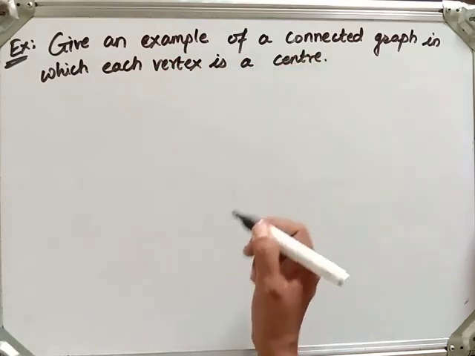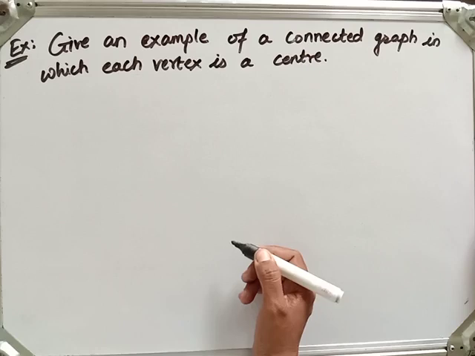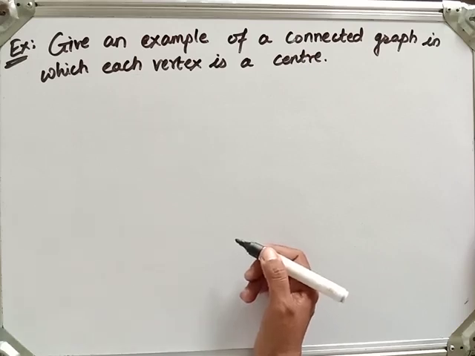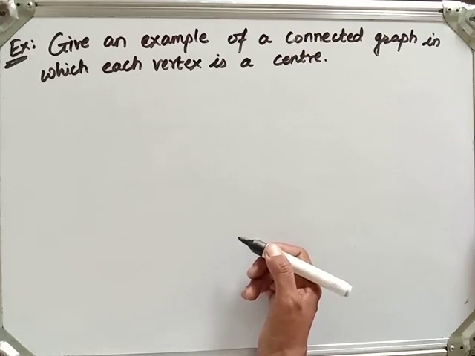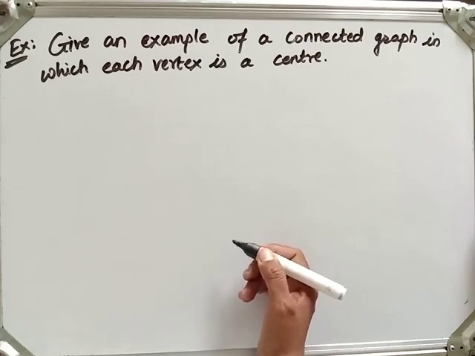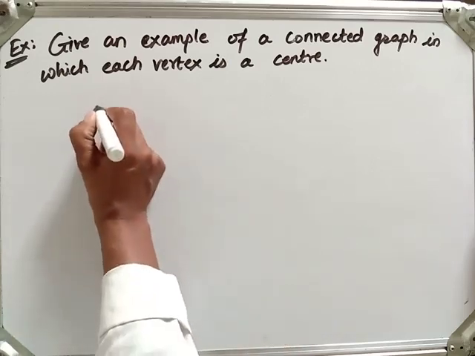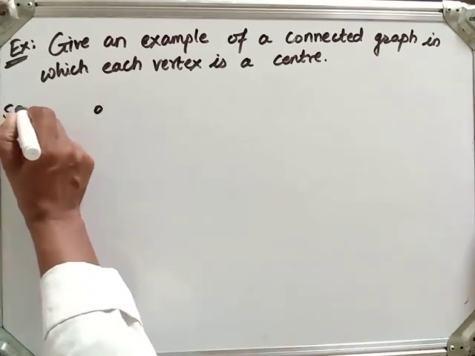Not necessarily a tree, but each vertex is a center, meaning the maximum distance from each vertex to the other vertices will be the same, that is, eccentricity is everywhere equal. So that one we can write as a solution here.